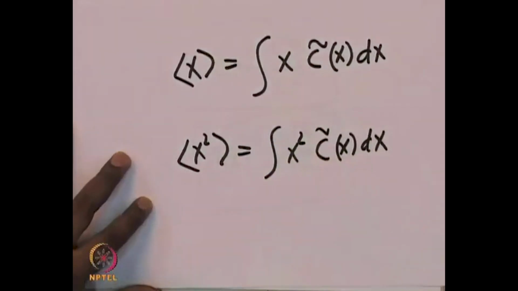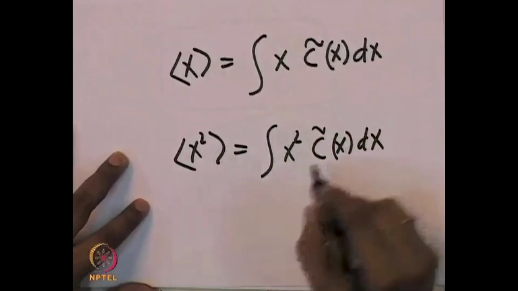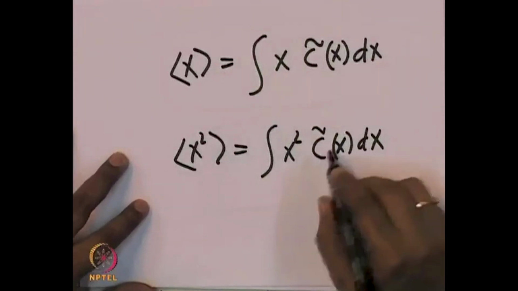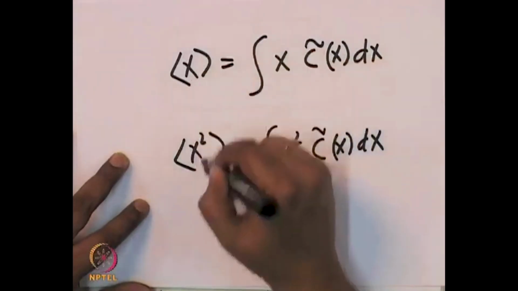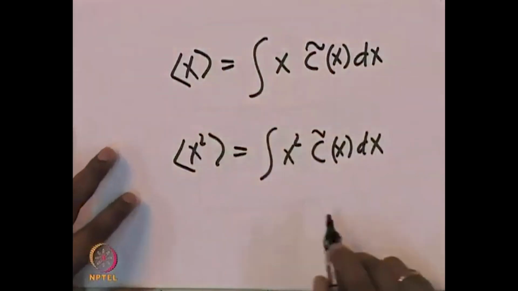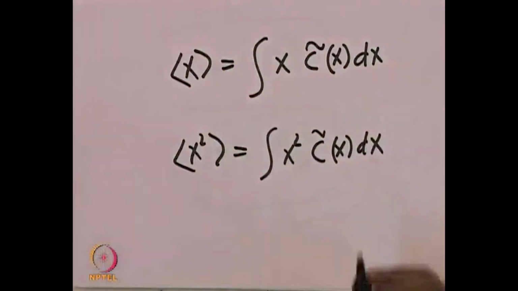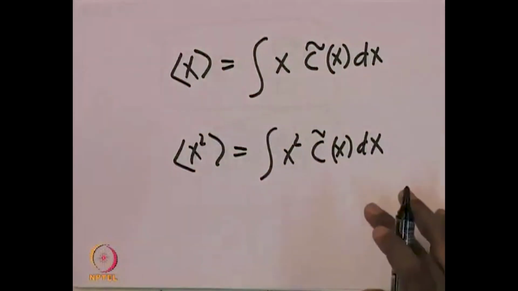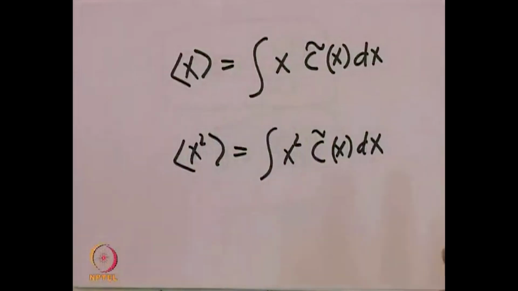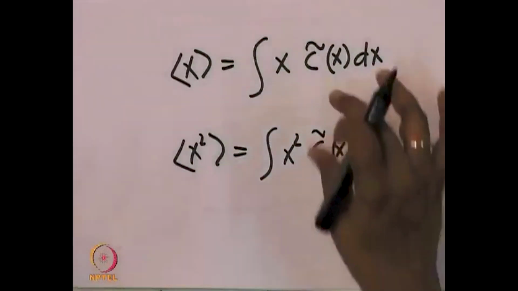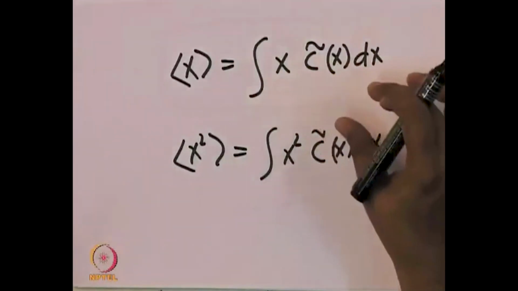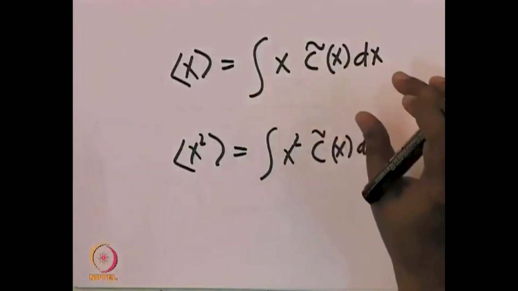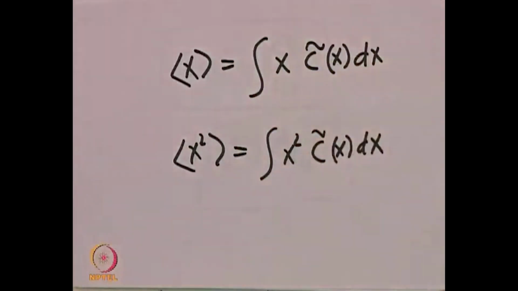So, if you go back to the lecture where we discussed diffusion, we had defined x average and x square average in this particular way. The reason for defining this is, as we understand in today's lecture, if you have a distribution, C of x or C tilde of x was the probability distribution for concentration.